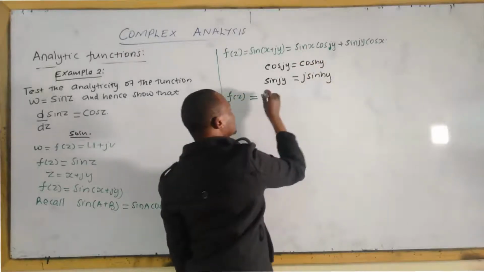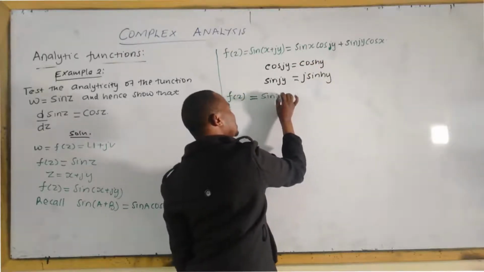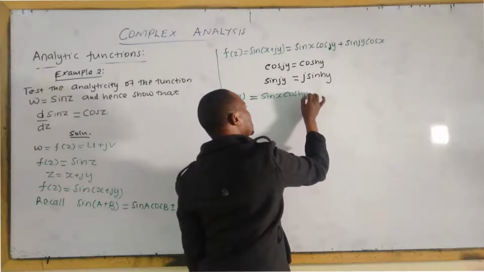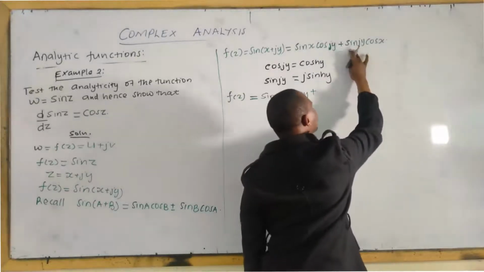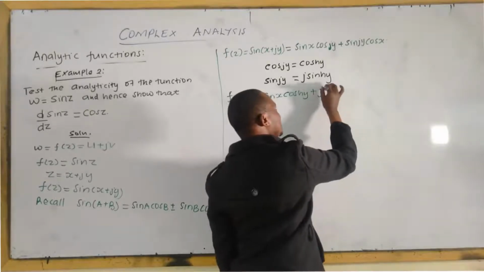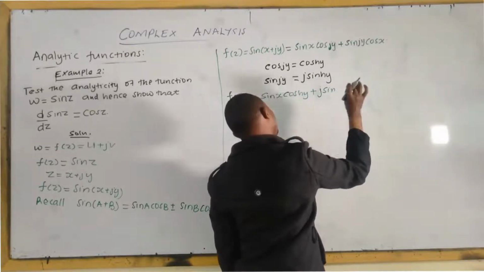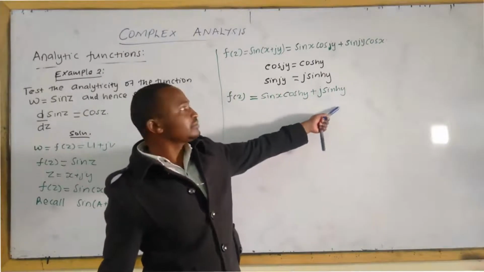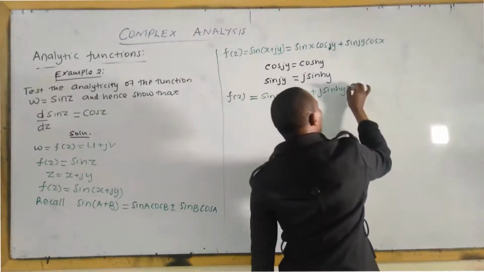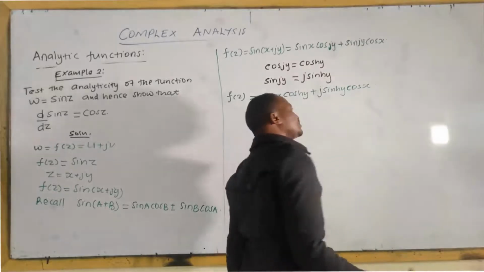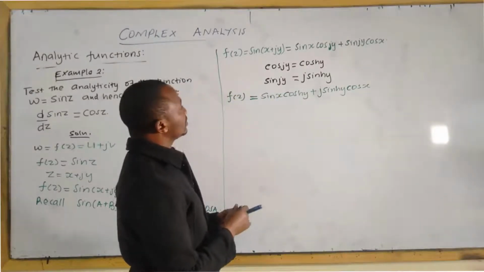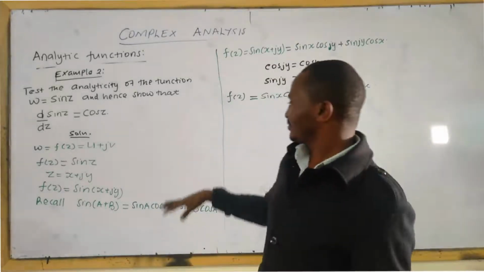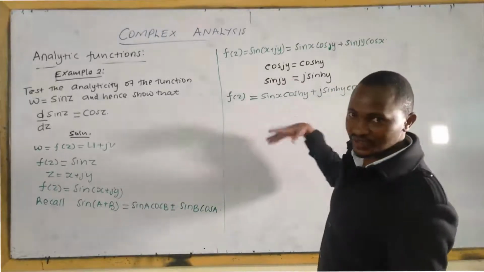I start with sin x, where I have cos jy, I put cosh y, plus where I have sin jy, I put j sinh y, or the hyperbolic sine, multiplied by cosine of x. So what I'm trying to do is get the values of u and v. Try to separate the u and v.